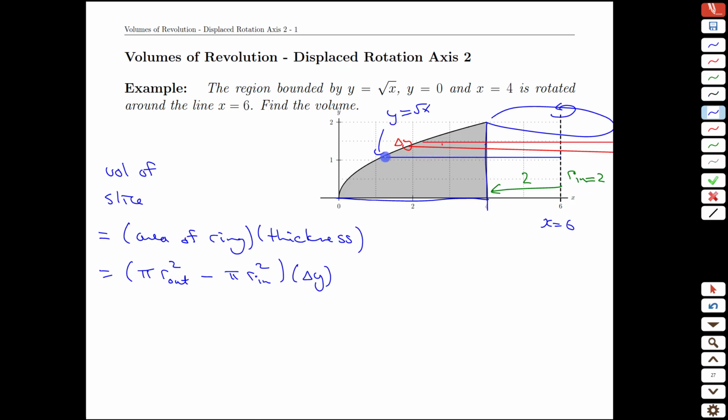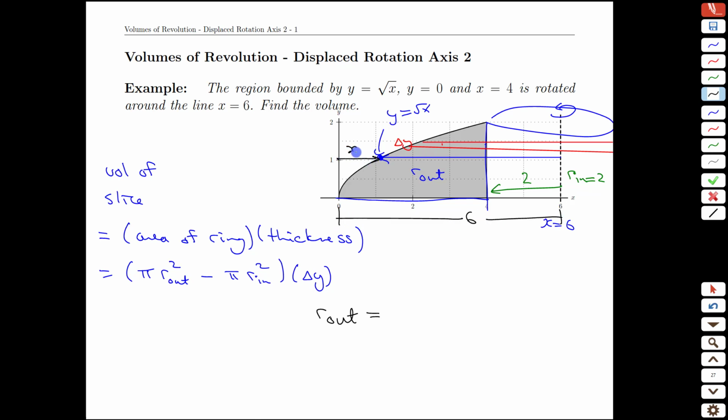If we look for the outer radius, it's defined by a point on the graph y equals root x. Let's do a little sideline here. The outer radius is equal to something to do with the x-coordinate. But here we have a slightly different diagram than we've seen before. What we have is an entire distance here of 6.